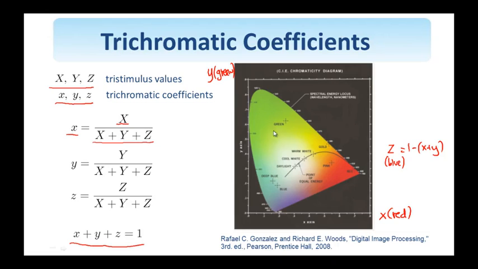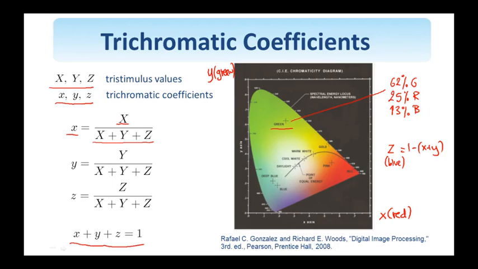The point marked green here is about 62% green, 25% red, and the remaining 13% blue.